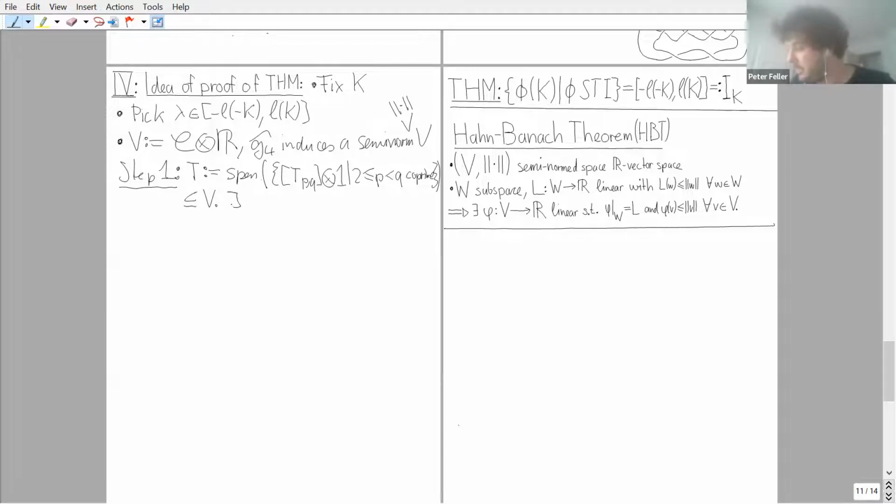And now I claim there exists for sure a linear map on T to R, linear, such that two things are true. First, for every element x in T, I want phi of x to be dominated by the seminorm, meaning the value is less than or equal to the value of the seminorm for all elements in the subspace.